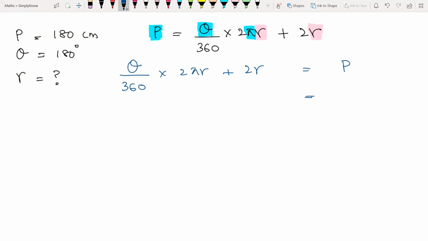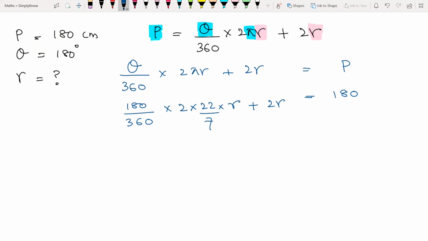And our perimeter is given now, it's 180 centimeters. And the theta value is again 180 over 360 times 2 pi value is 22 over 7. And r we need to find, its radius, plus 2r. Right, now let's solve this equation.